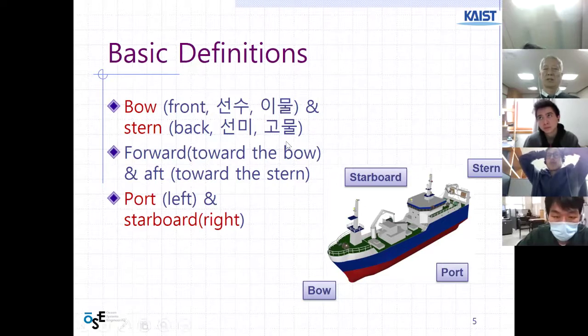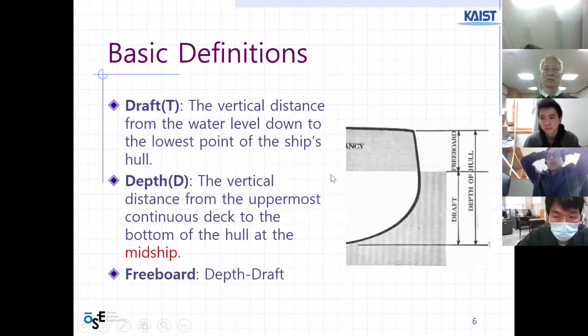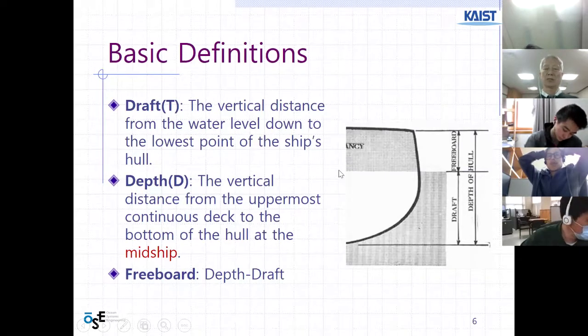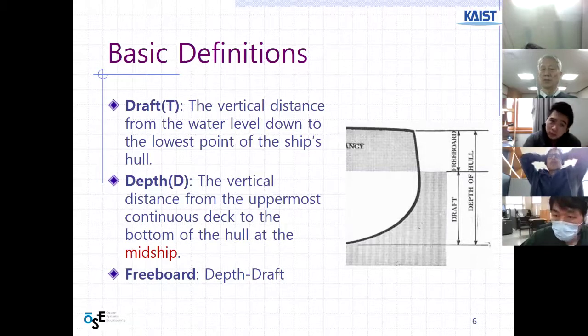Okay, then the next slide shows the basic definitions of dimensions, size. There are 3 related definitions regarding the height of the ship: draft, depth and freeboard. But they are related. In the middle of the picture, there is a colored one and a white one. Between them, the draft and freeboard are combined into the depth of the hull.